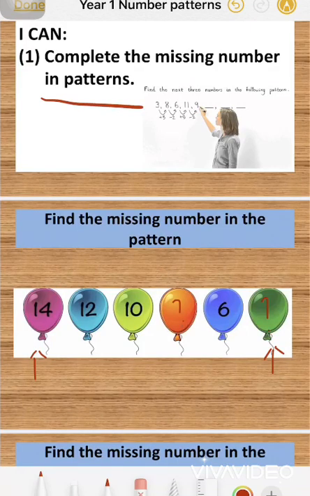So we can see that the number is getting smaller and smaller, right? 14, 12, 10, and it's getting smaller. So we know that you need to count back. If the number is getting smaller, you need to count back.